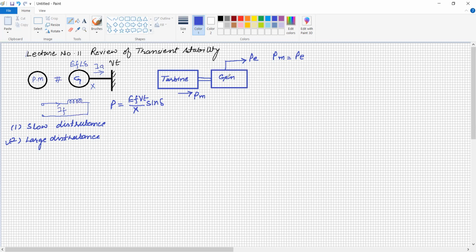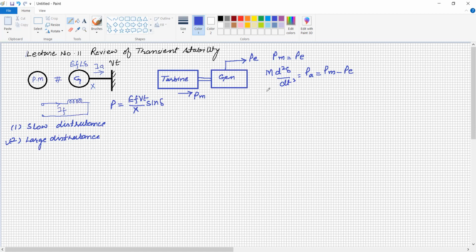Whenever there is a sudden change or transient condition, the equation is described as M d square delta upon dt square equal to PA, which is the difference of mechanical input and electrical output. The electrical output may be more when the load on the generator is suddenly increased, or the mechanical input may be greater than the electrical output.